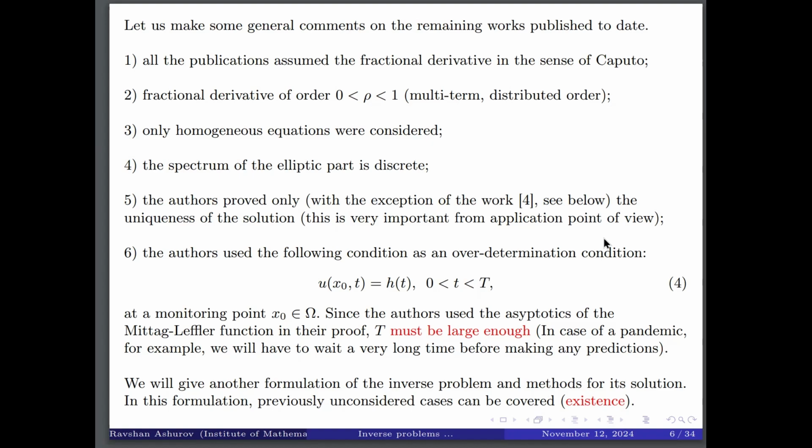And we should also mention that instead of Caputo, we can consider the derivative in the sense of Riemann-Liouville, and rho in our case can be larger than 1, and we can consider inhomogeneous equations, and also the elliptic part does not necessarily have a discrete spectrum. And the main thing is that we change this condition 4.